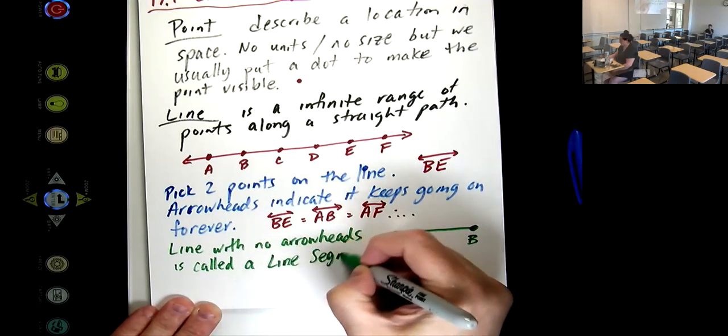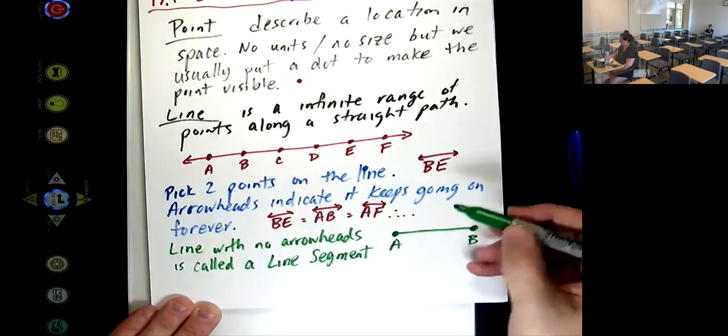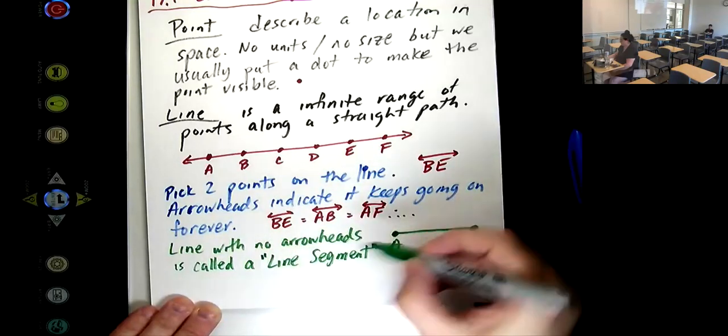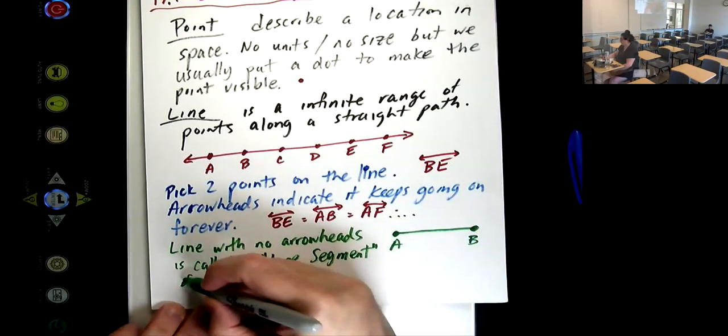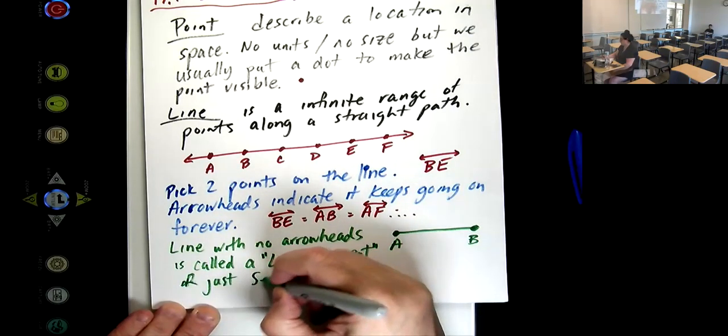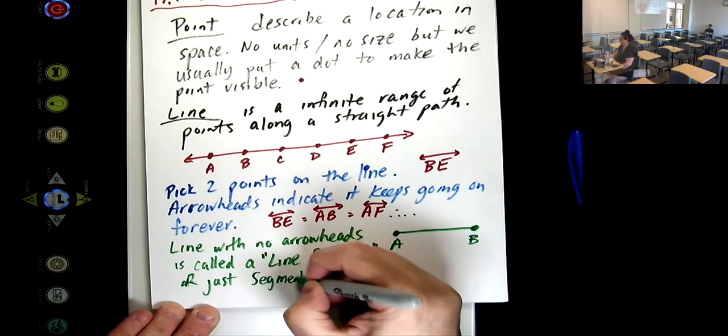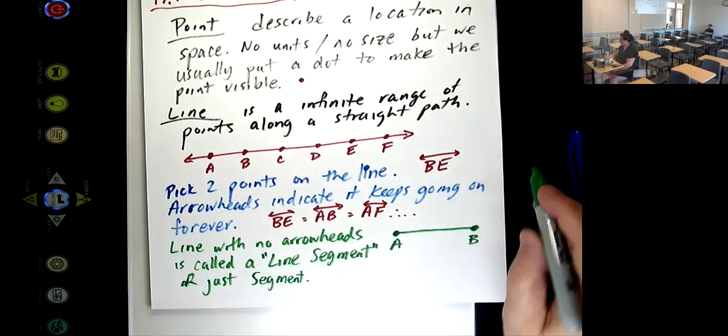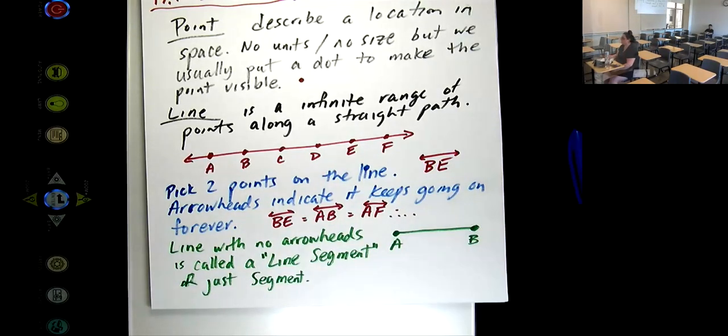That's how we distinguish between them. A line segment, or just segment. And the labeling is very specific.